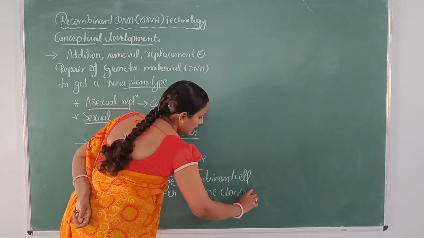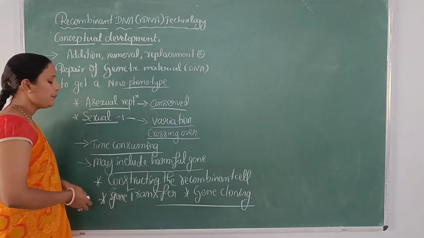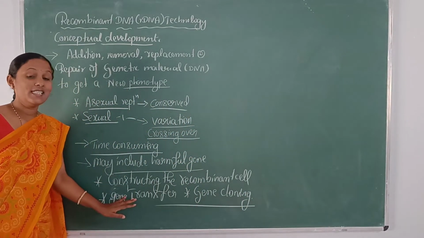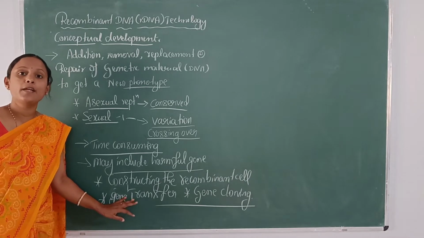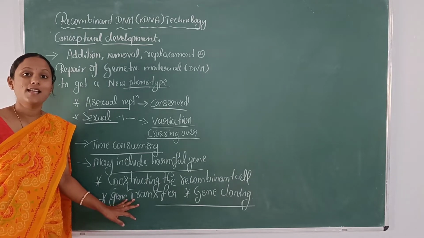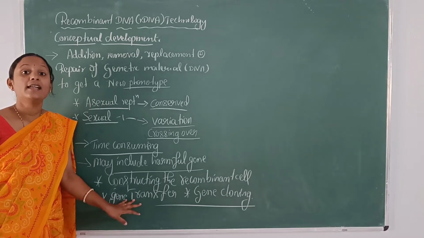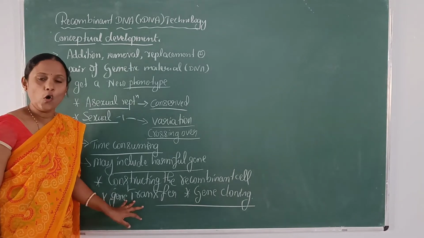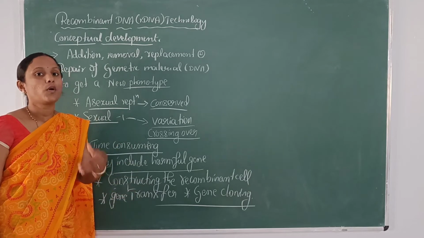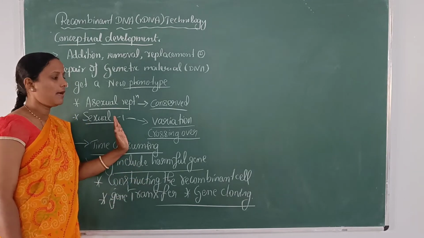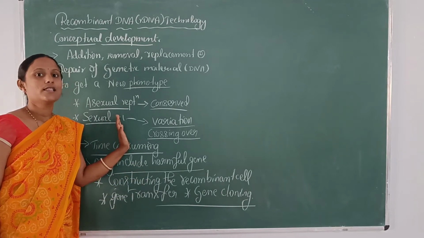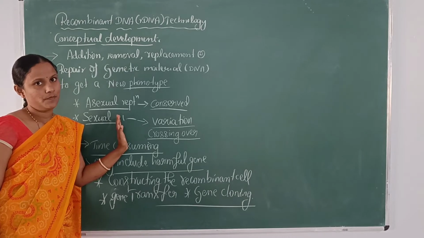We will be studying these in detail further. By these 3 steps, it is possible to create a cell which is able to express a desirable character or the desirable product, which is a drawback in natural sexual reproduction.